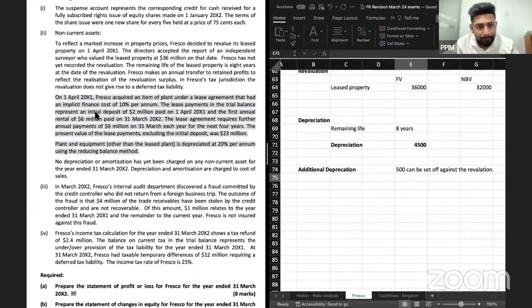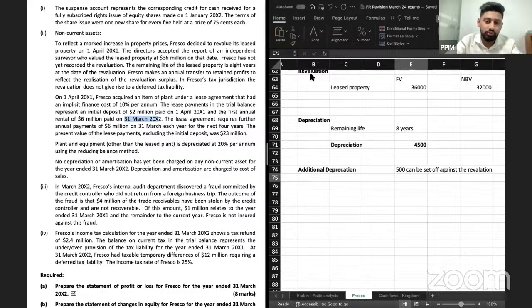You acquired on 1st of April 2011, and the first annual rental was paid on 31st March 2012. So you are paying in arrears. You're not paying in advance. Are we clear?